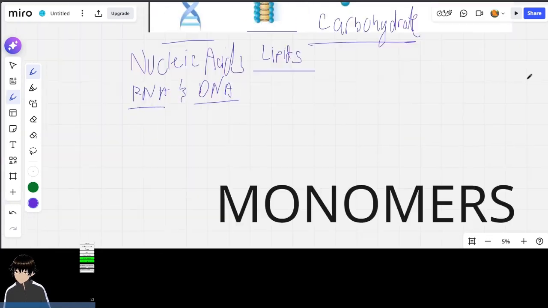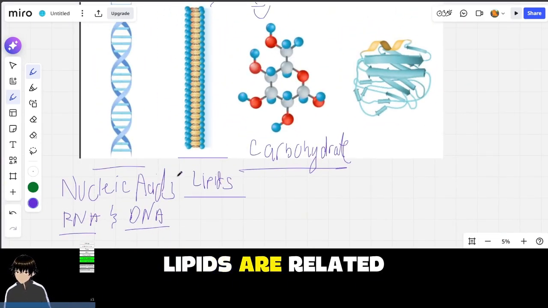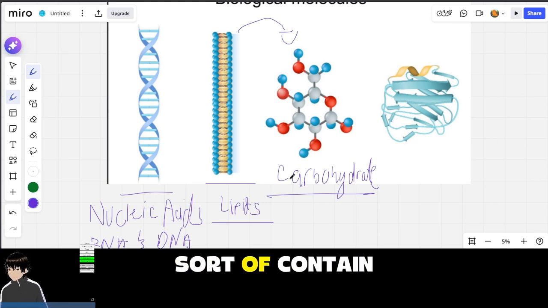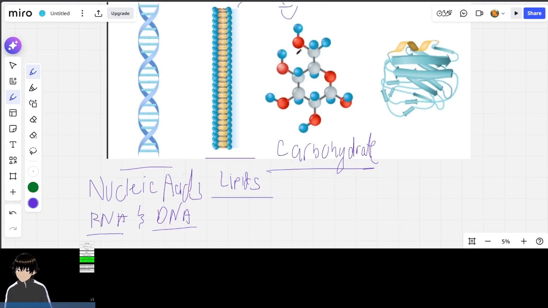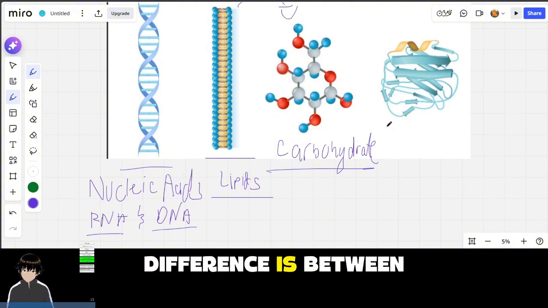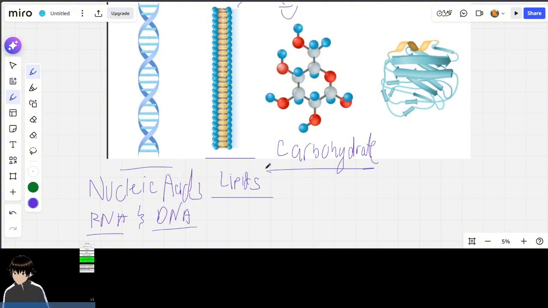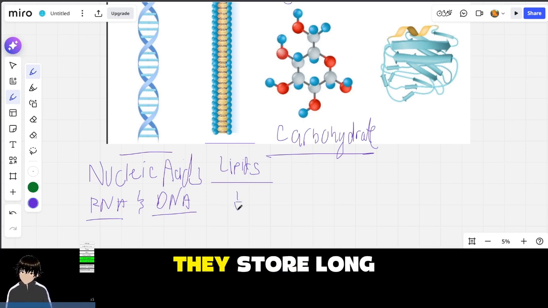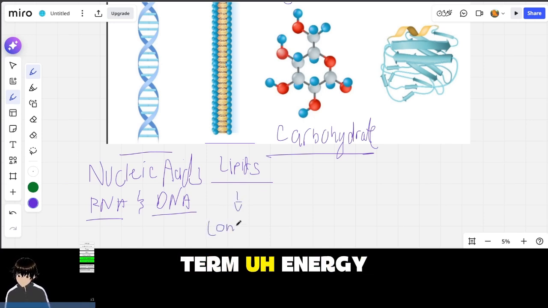Lipids are related to carbohydrates because they both sort of contain energy. They sort of just store energy that is derived from foods and the cell. But the difference between them is that lipids are sort of like long term. They store long term energy.